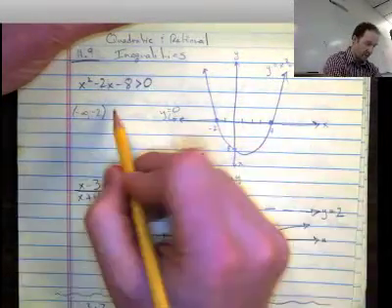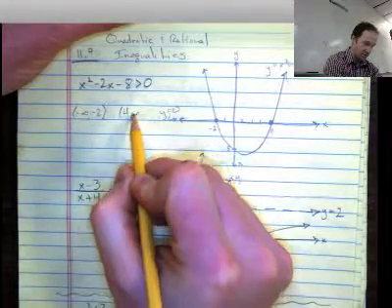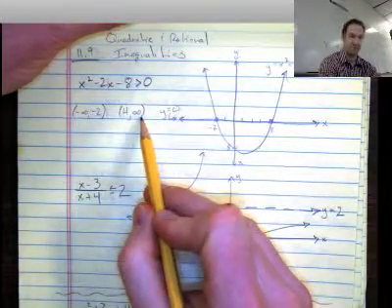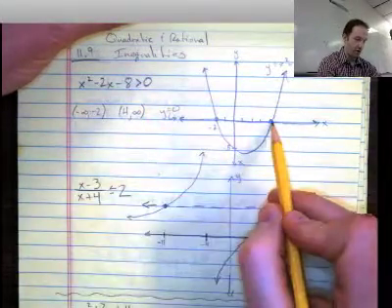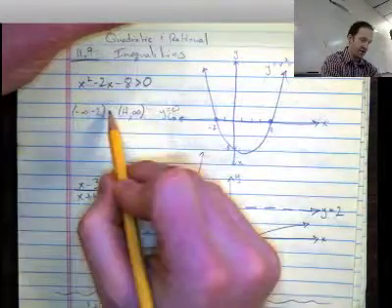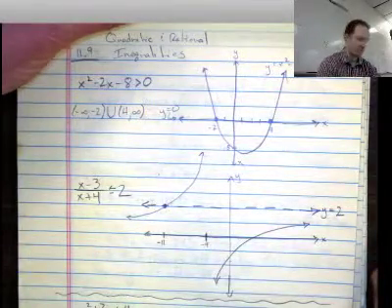We also want 4 to infinity. Again, always a parenthesis on the infinity. At 4, it's equal to 0, and this is not equal to, so not including 4. And then the union of those two sets.